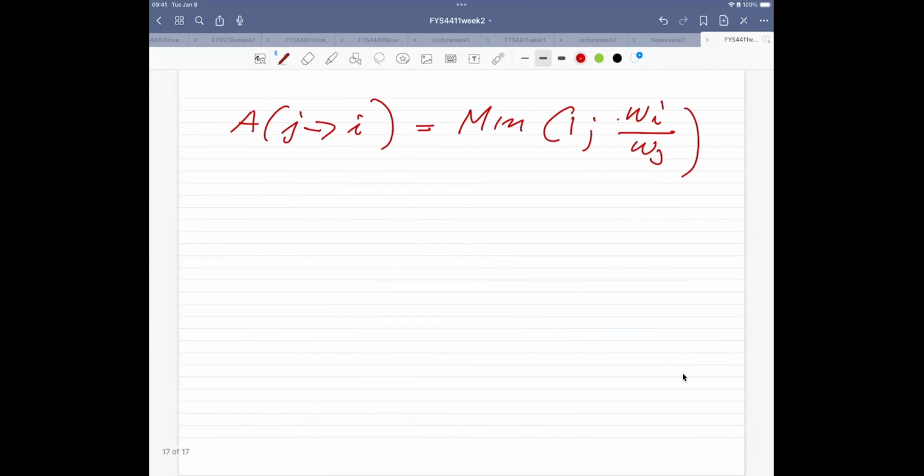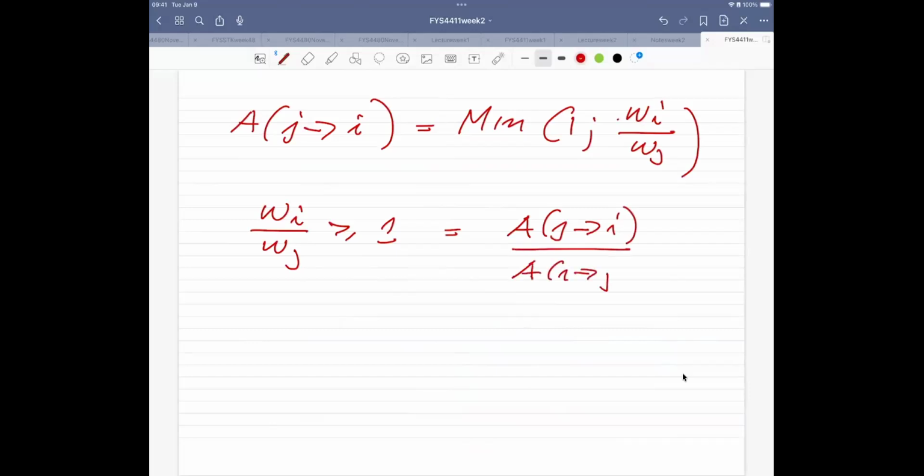So what I'm doing is, if I take Wi over Wj larger or equal than 1, this is equal to A of j going to i, and A of i going to j.